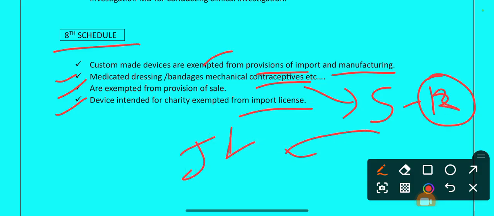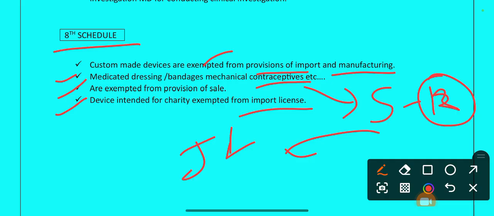And imported devices for charitable purposes. The eighth schedule mainly provides regulatory relief for specific medical devices to facilitate their distribution. What is its purpose? It provides regulatory relief for specific medical devices to facilitate their distribution, provided they meet the conditions specified in the eighth schedule.